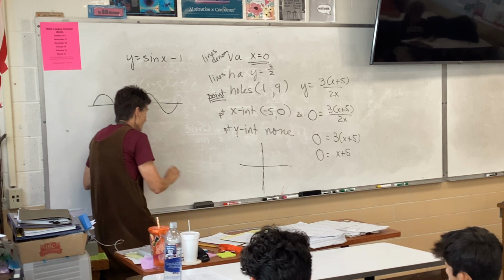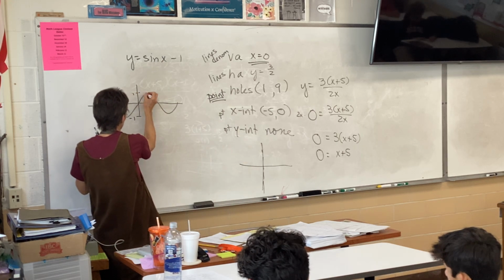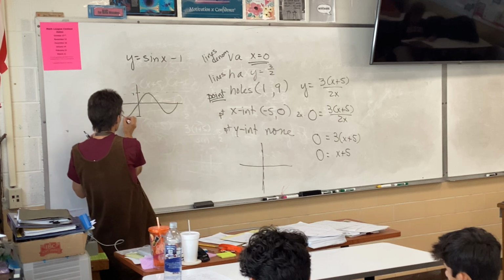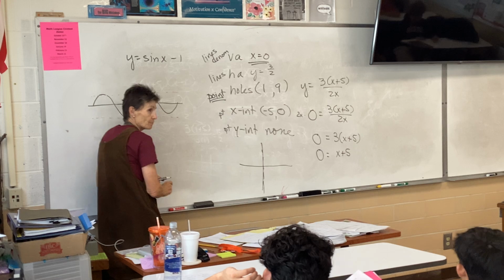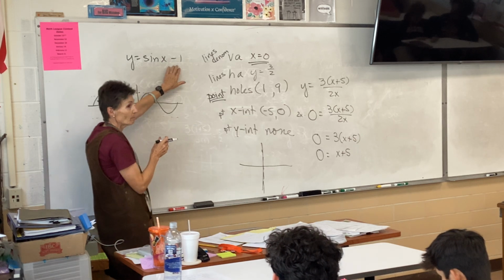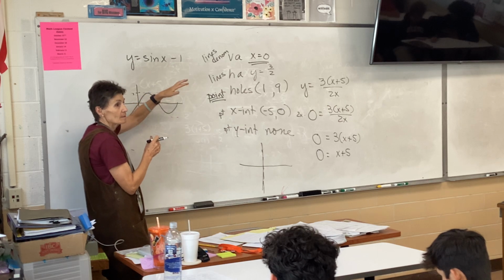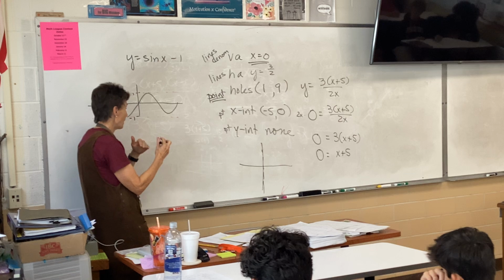Okay, perfect. So what you basically have here, these are not asymptotes, I'm just drawing in the ceiling and the floor. Now, what does this tell me to do? -1, so it's going to drop the whole thing down 1.